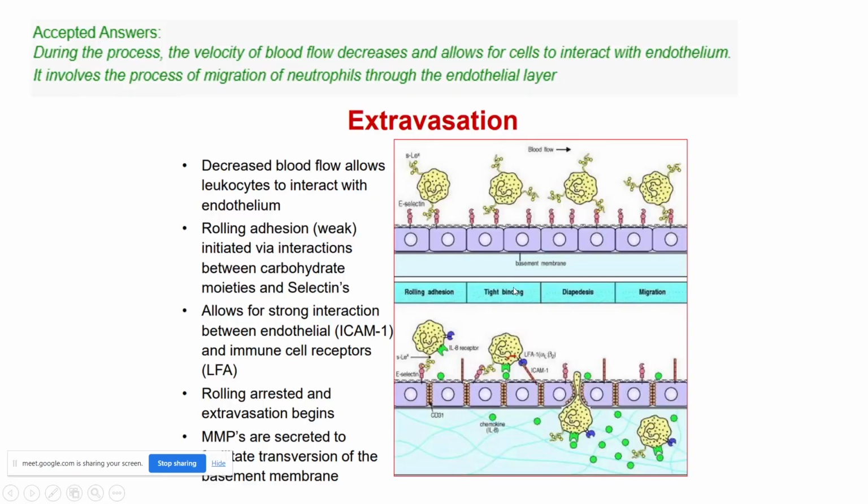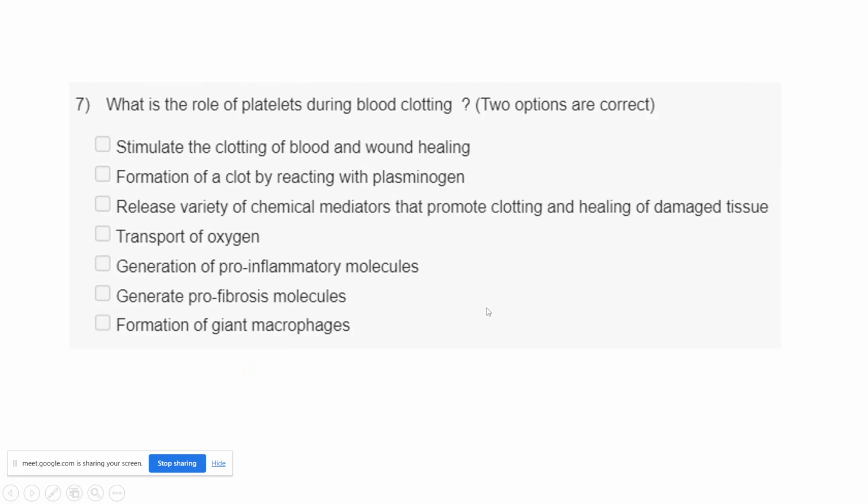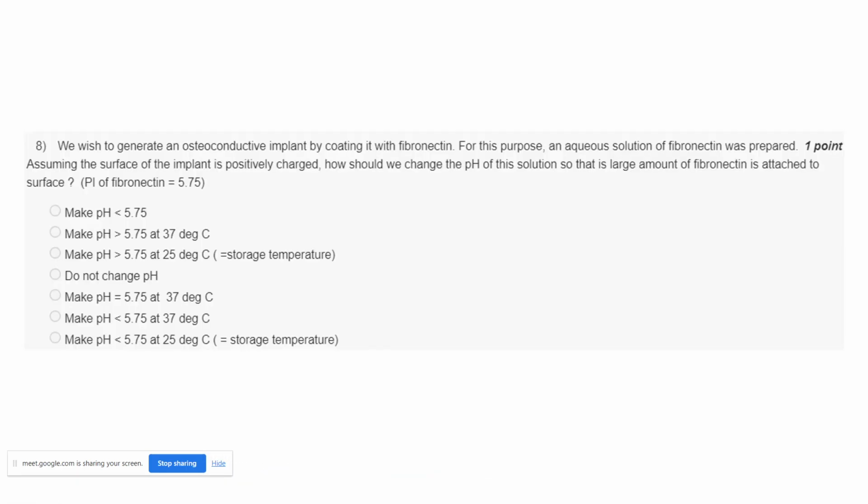And you want this at 37 degrees because it's an implant. You are going to implant it in vivo. So that is body temperature, 37. So the correct option would be make pH more than 5.75 at 37 degrees Celsius.